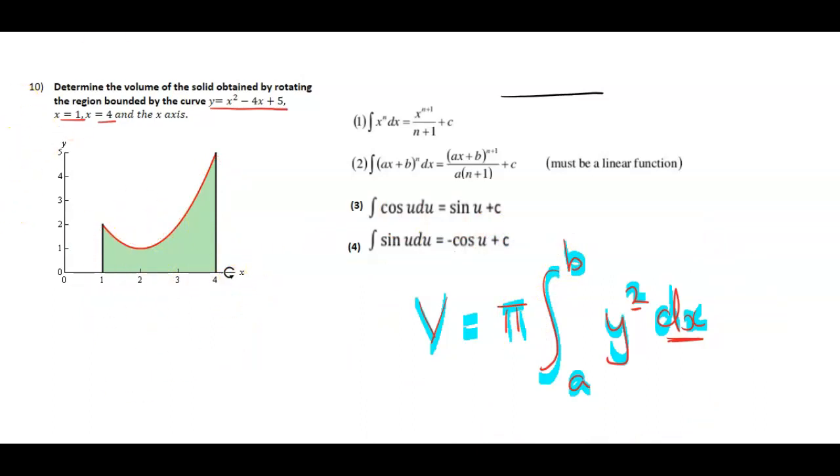So let me follow with my steps. I will take the equation that I have, which is this, and I have to square that. So the volume is equal to pi integral from 4 to 1 of y squared dx, x squared minus 4x plus 5 all squared dx.